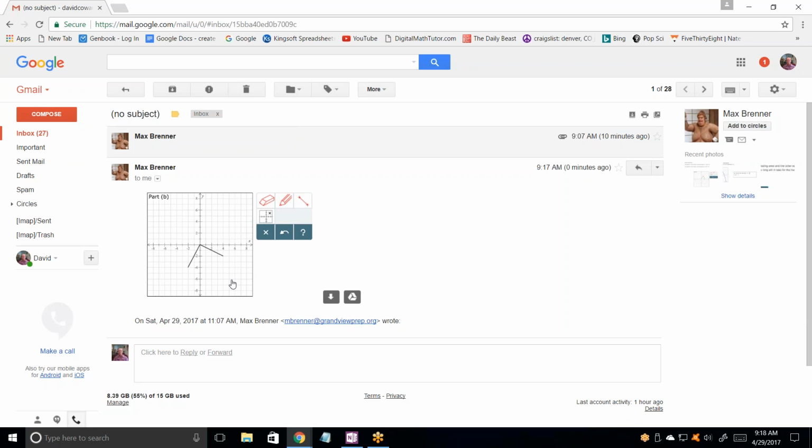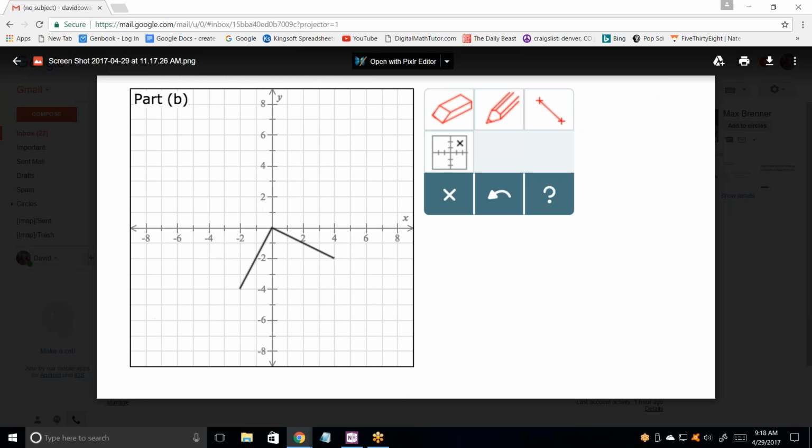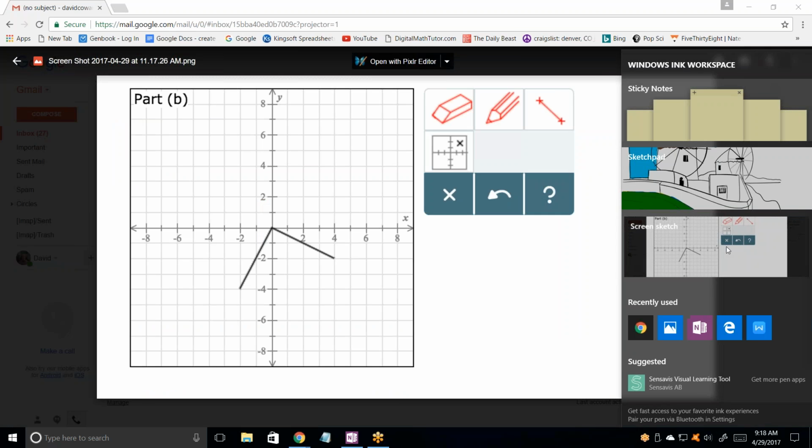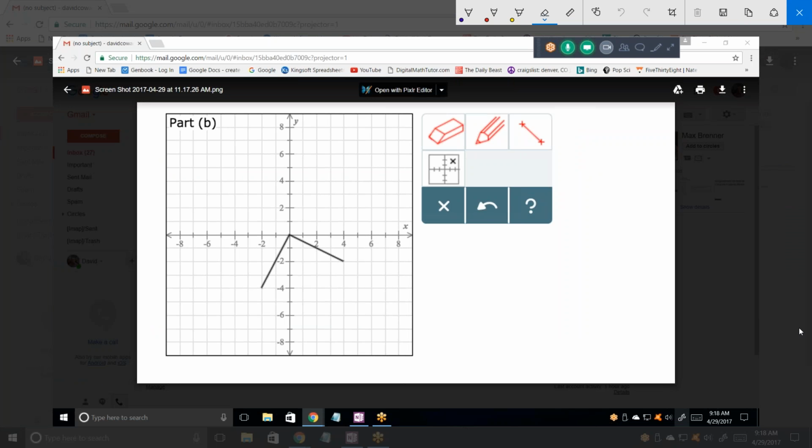Okay, this is part B here. What's the function? Can you give it to me? I didn't get it as part of the... I think it's h of x, right?